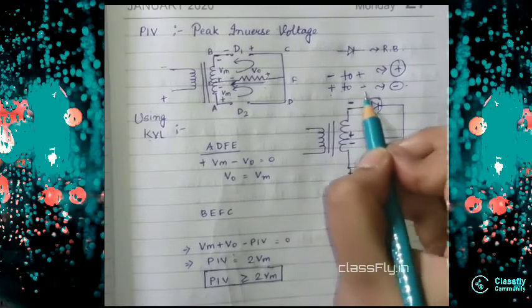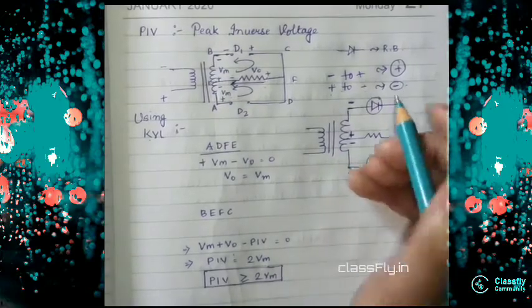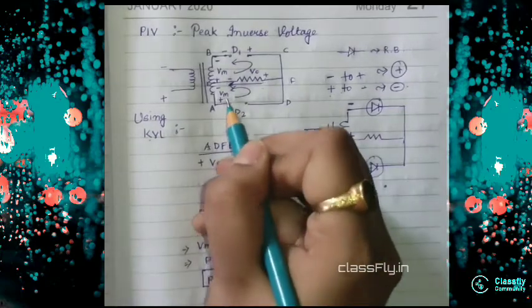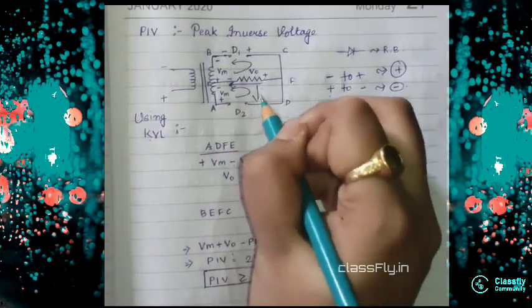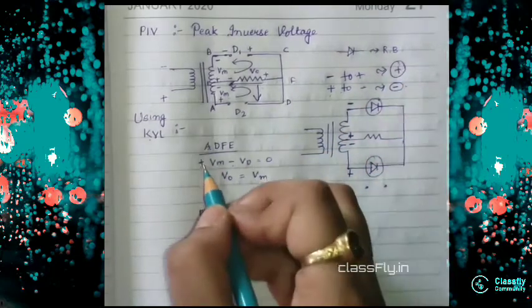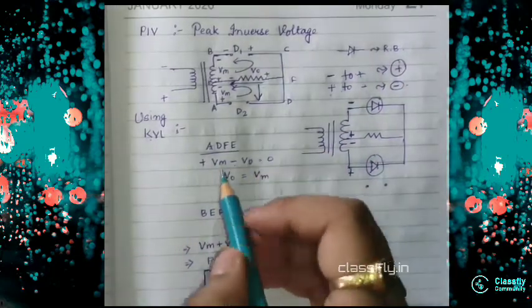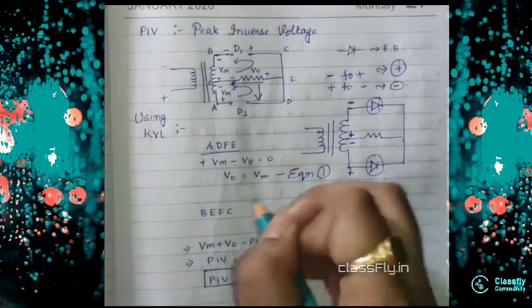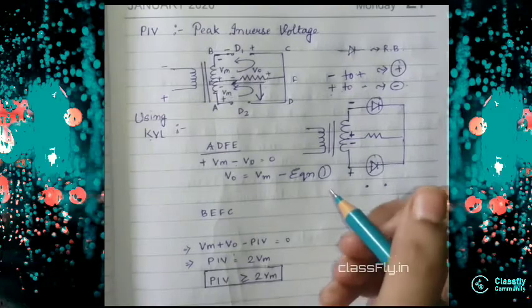For positive to negative, what is the sign? Minus, right? So we will denote V0 as minus V0. And Vm is moving from negative to positive. For negative to positive, we will denote it as positive. So our Vm will be positive. So we get the equation V0 is equal to Vm, which is equation 1.